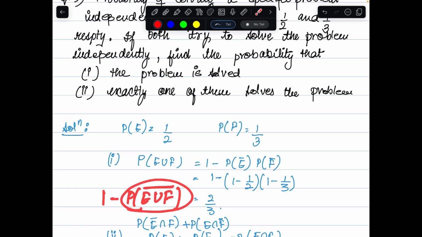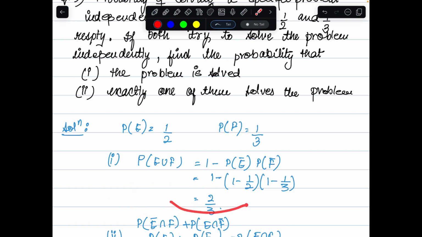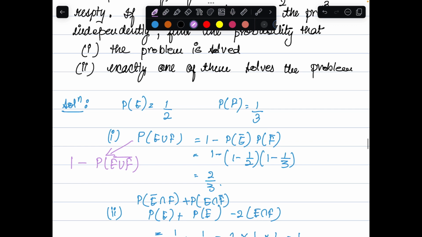Now here I am applying De Morgan's law, so P of E union F the whole bar can be written as P of E bar intersection F bar. So this is 1 minus P of E bar into P of F bar.